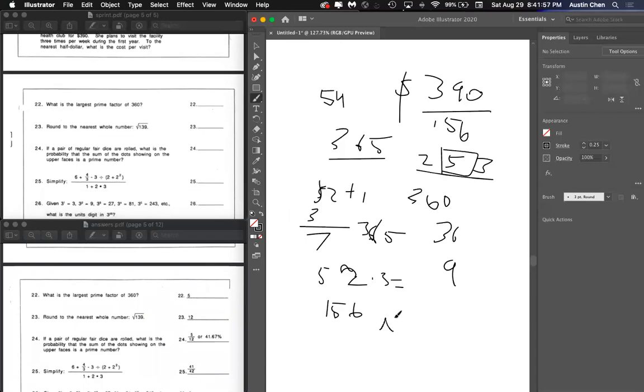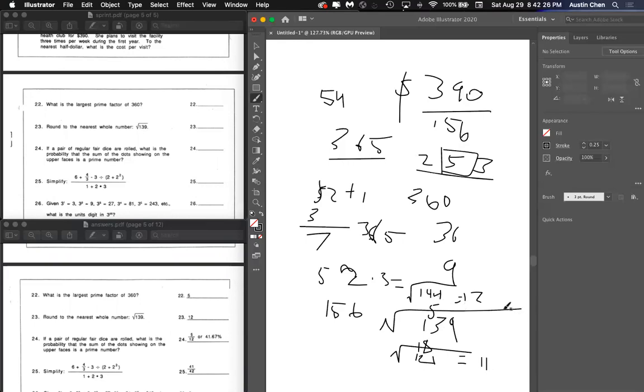Round to the nearest whole number, the square root of 139. So if you look at the perfect squares, this one is 12, this one is 11. 139 is a lot closer to 144. It's just a 5 difference, and this is an 18 difference, right?